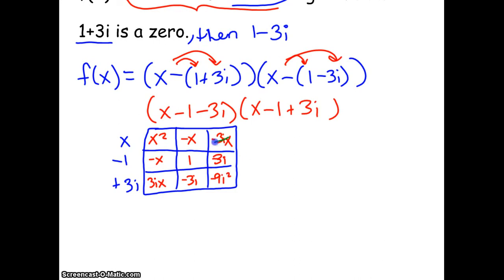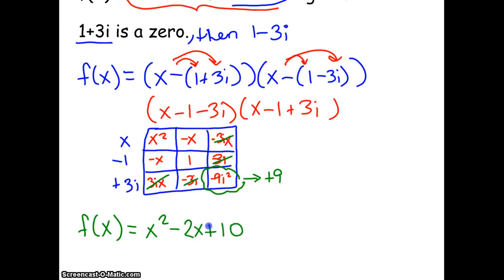So the negative 3ix, positive 3ix, negative 3i, positive 3i, and what does the bottom become? That's going to become plus 9, because remember the i squared is negative 1. All right, so when you FOIL that out, you have your function equals x squared minus 2x plus 10.